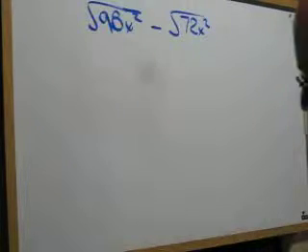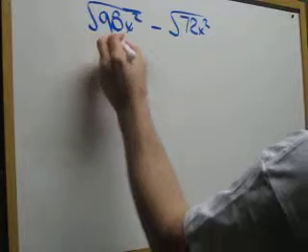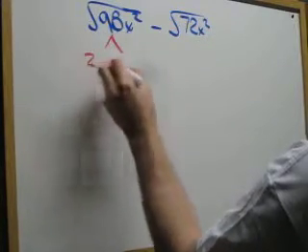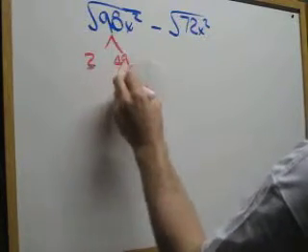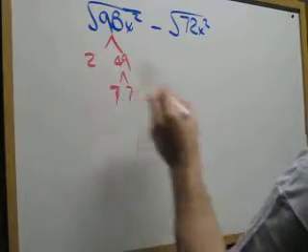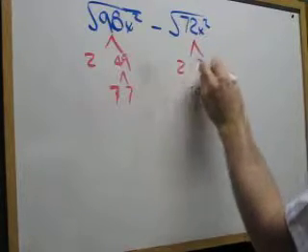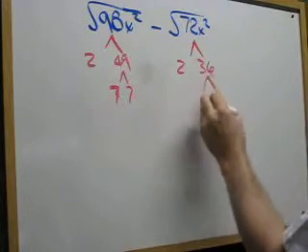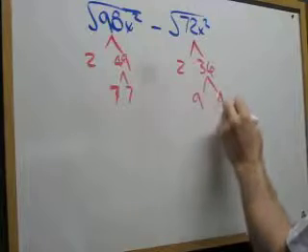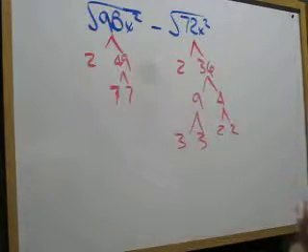Okay, so if we decide to work at simplifying this, the 98 will simplify to 2 and 49, and then that will go to a 7 and a 7. And then we look at the 72, and we get a 2, a 36, and then we go to a 9 and a 4. A 2 and a 2, a 3 and a 3.